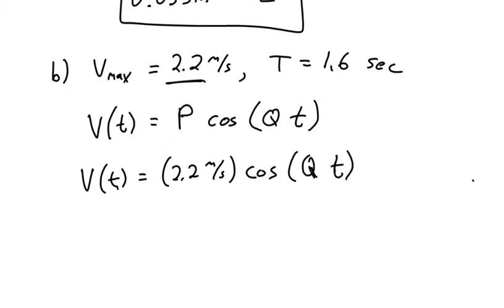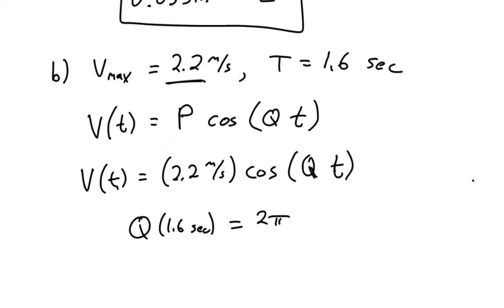So I still need a value for q, just as we did with the position functions here. We can say that when t equals 1 period, or 1.6 seconds, we need our cosine function to start repeating itself. Cosine function starts to repeat itself when we get to 2 pi. So we need here q times 1.6 seconds to be equal to 2 pi.